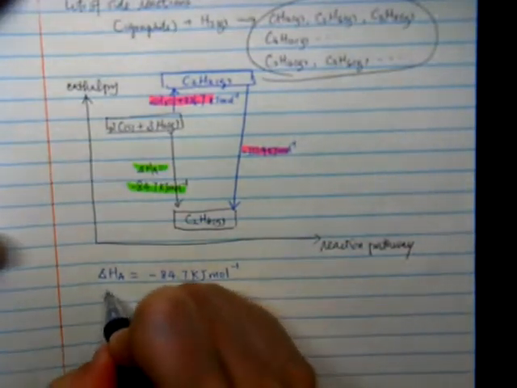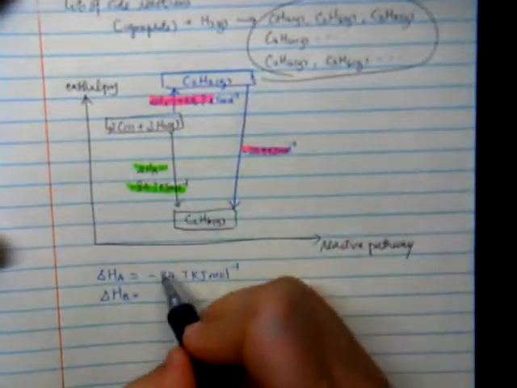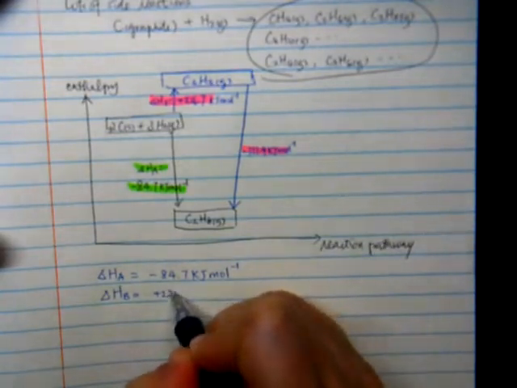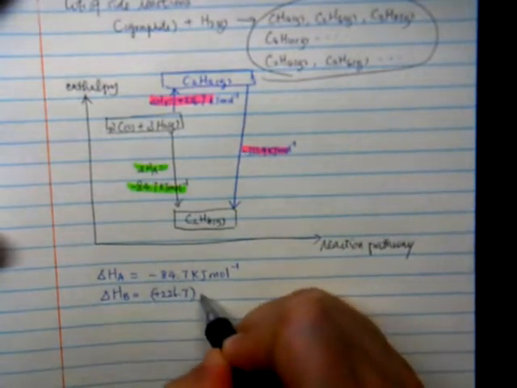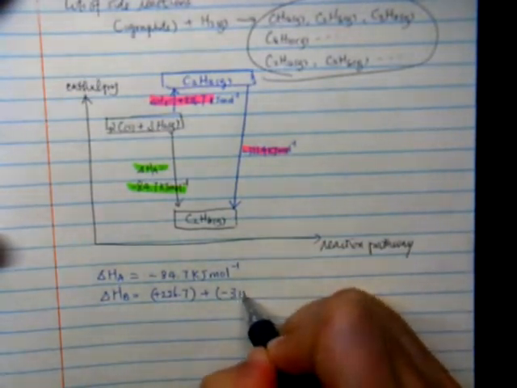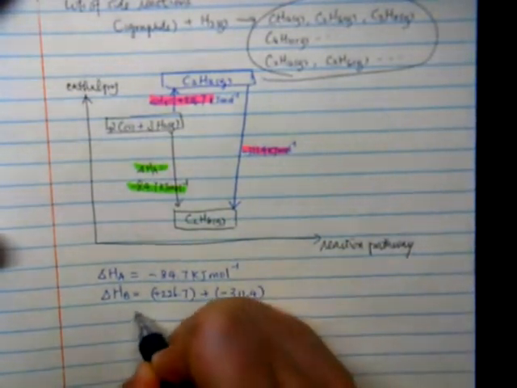Now let's look at route B, that means the route in red, with the summation of 226.7 plus negative 311.4.